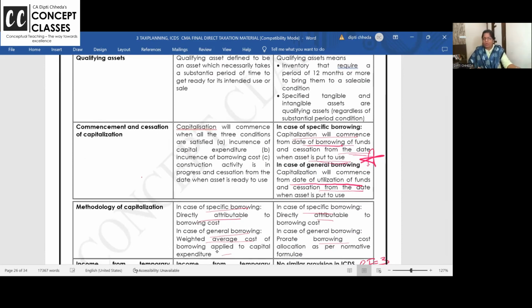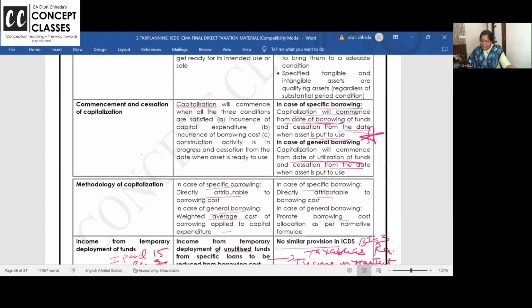This one is important. When do you start capitalizing interest and when do you stop? First, the Income Tax Act says in case of specific borrowing, start the capitalization the day you have taken the loan, irrespective of whether the loan is used from this day or not. But you have taken this loan specially for this specific asset, no? So start the capitalization from the date of loan and stop when the asset is ready to use.